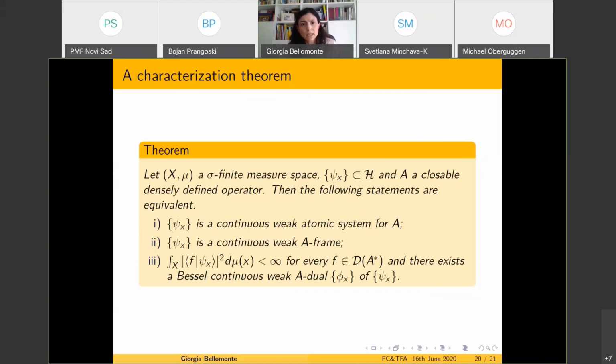We proved that if we have a closable densely defined operator A and X is a sigma finite measure space, then it is equivalent to say that psi is a continuous weak atomic system for A, or psi is a continuous weak A-frame, or psi is such that there exists a continuous weak A-dual phi, which is a Bessel family, for which this condition holds true for every f in the domain of the adjoint.